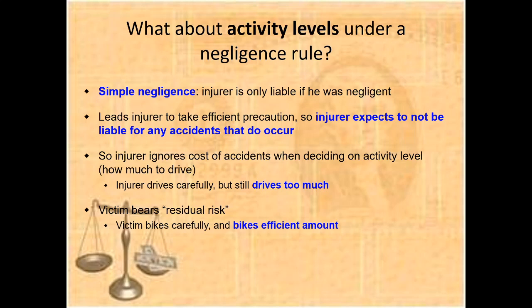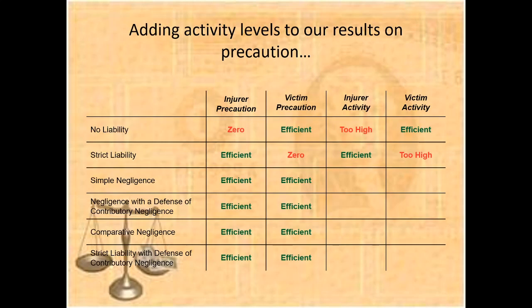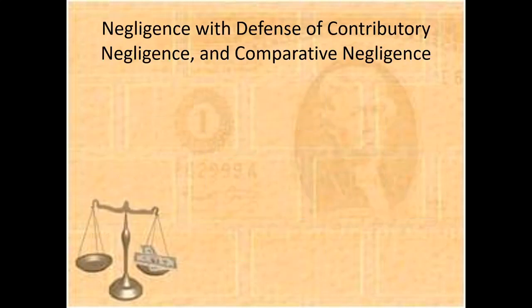Therefore, victims always take the necessary steps to avoid such a high probability of accident. Therefore, their activity level is always checked, but not necessarily the injurer's. So what is going to be the case? The injurer's activity level is too high, and the victim's activity level is efficient.